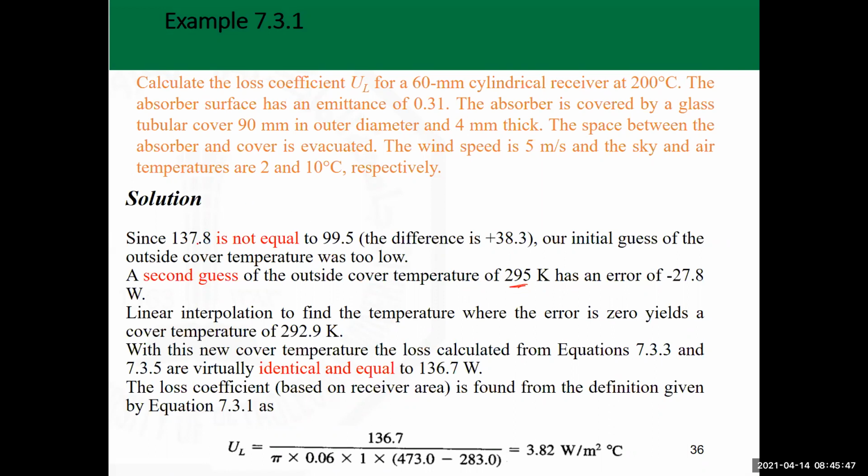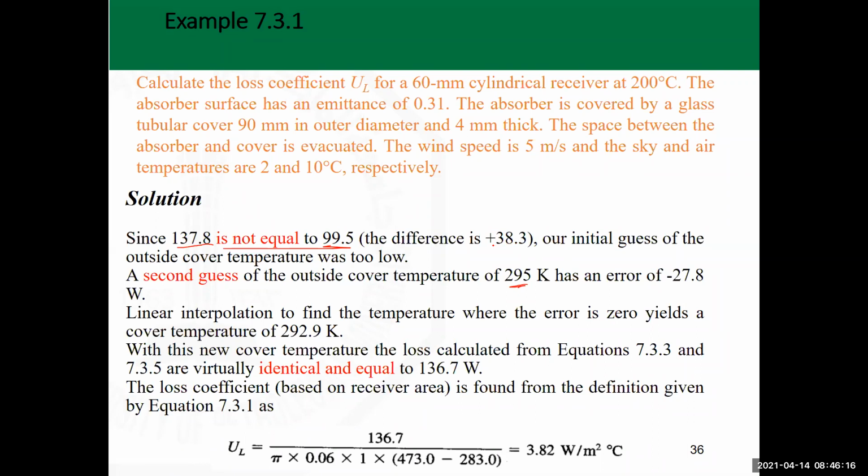Actually, in our first estimation, we got a value of 99.5 from the assumption of TC out, and then we substituted back to get TCI, and from TCI we got a value of 137.8. They are not close. The calculated value is greater than the value obtained from equation 735 by about 38.3.